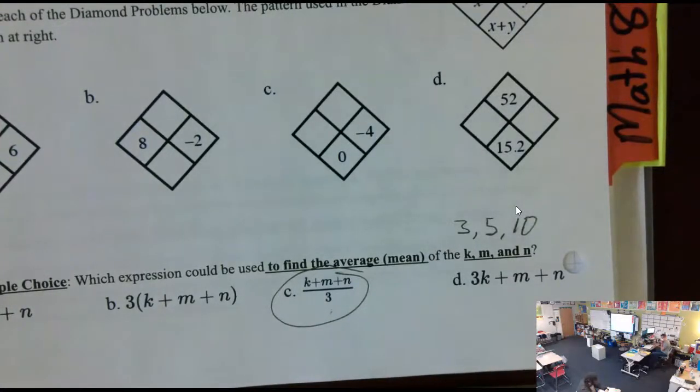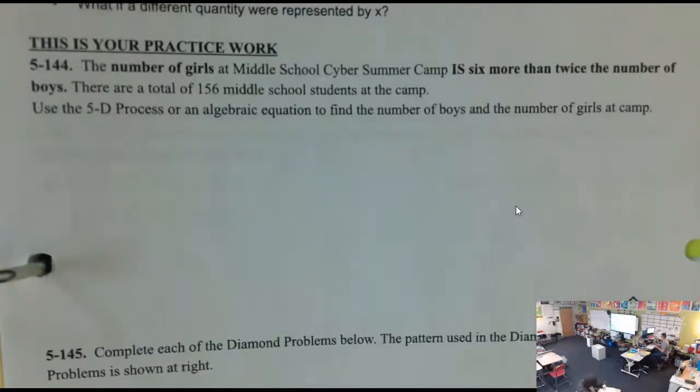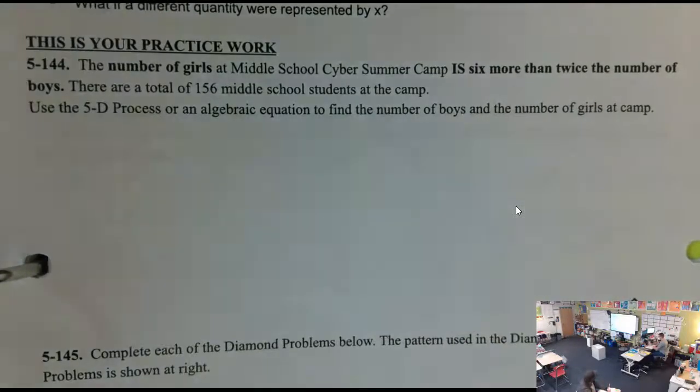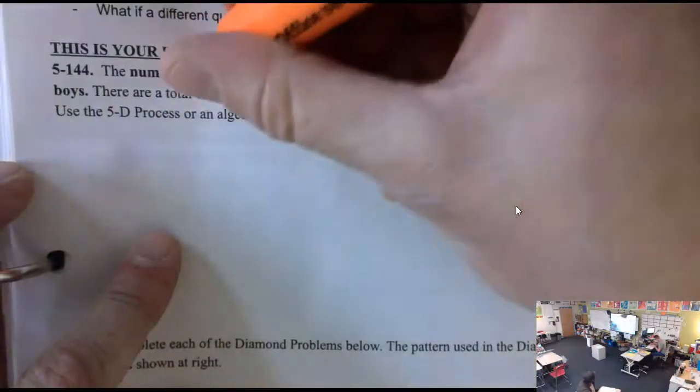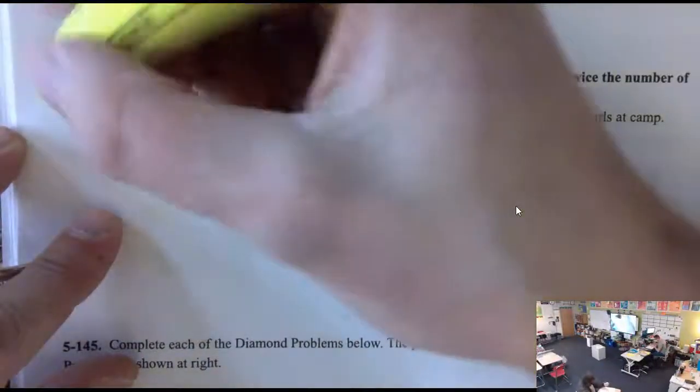Mia? Can you set up 144? Absolutely. I was working with somebody on this this morning and it reminded us, let's use easier variables. Meaning, what are we talking about here in 144? It's a camp full of girls and boys.